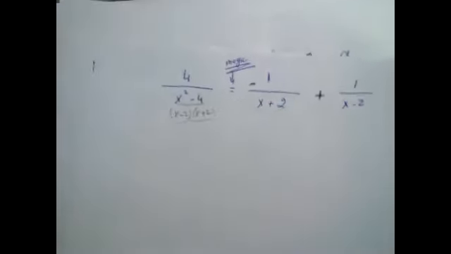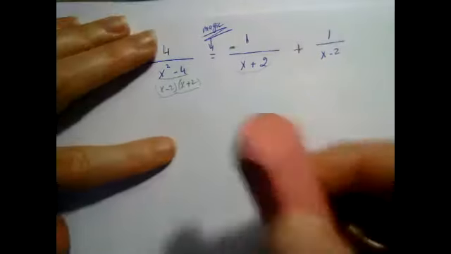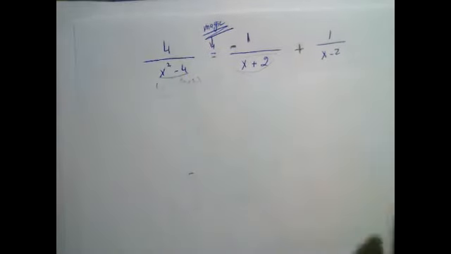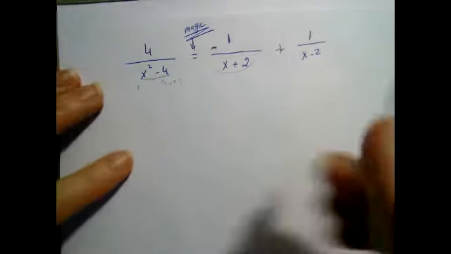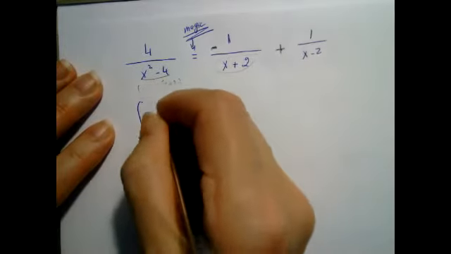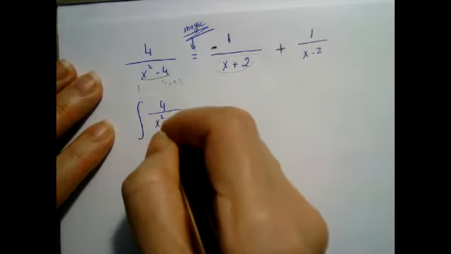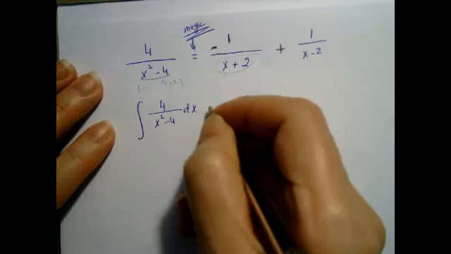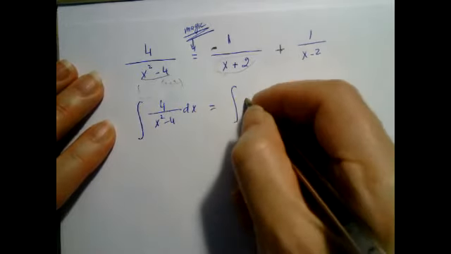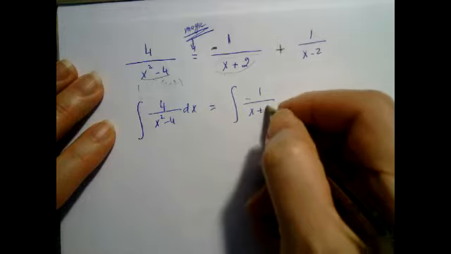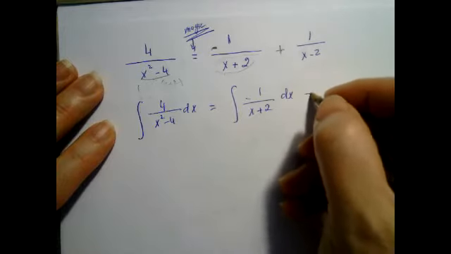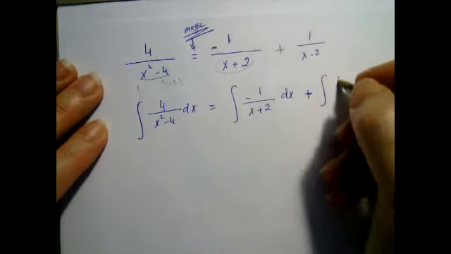Now, suppose I can do that. Will the problem become easy? Will integration become easy? Then the antiderivative of this one will be equal to the antiderivative of that plus the antiderivative of this function.